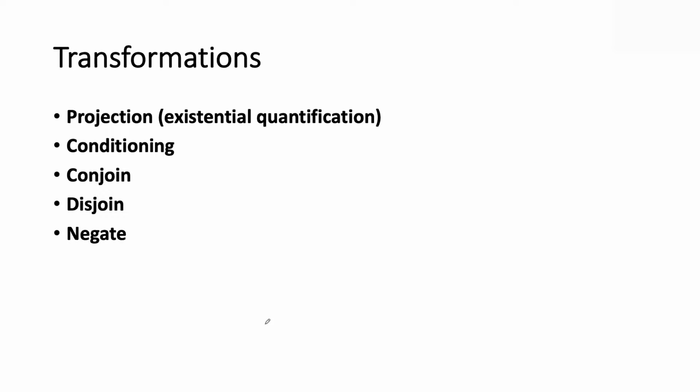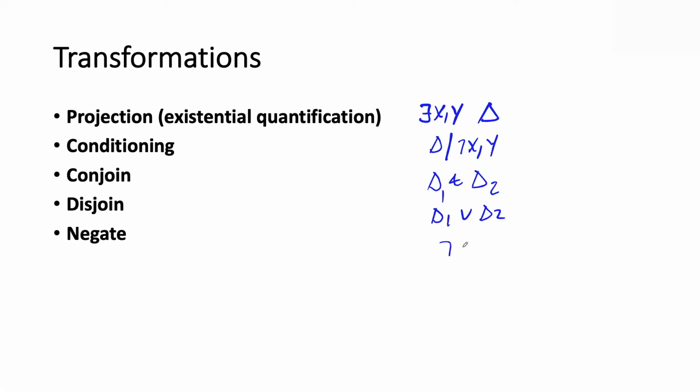We also talked about transformations, which is when we take circuits and transform them. I can take one circuit and existentially quantify, let's say, variables X and Y from it. I can take a circuit and condition it on some literal or more than one literal. I can take two circuits and conjoin them, disjoin them, or negate a circuit.